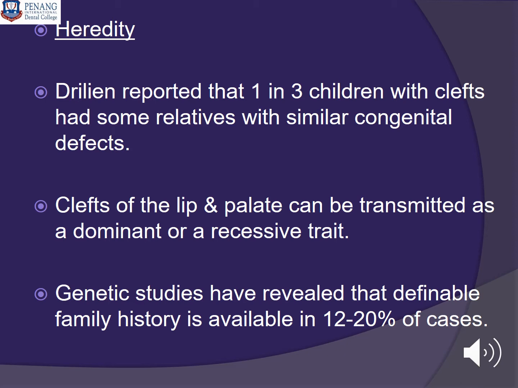Gorlin reported that 1 in 3 children with cleft had some relative with a similar congenital defect. Of course, this is genetic. Cleft of the lip and palate can be transmitted as a dominant or recessive trait. Genetic studies have revealed that a definable family history is available in 12 to 20% of cases.